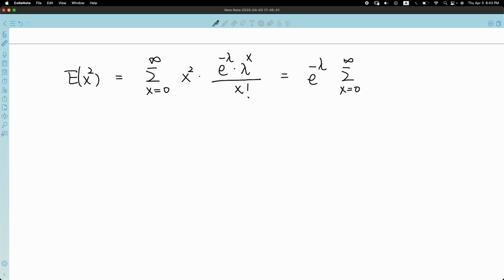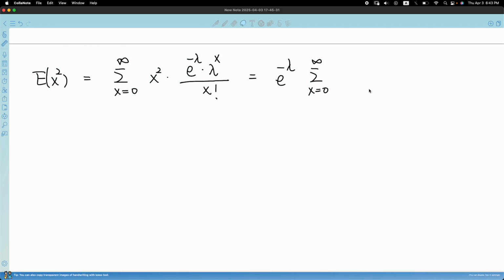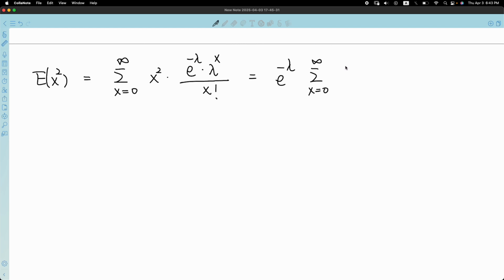Here I'm going to write x squared differently, in this way: x multiplied by x minus 1 plus x. So this is still just equal to x squared, right? x squared minus x plus x.